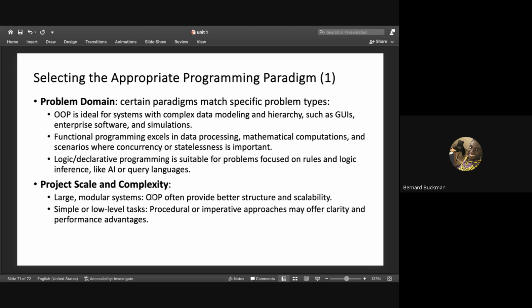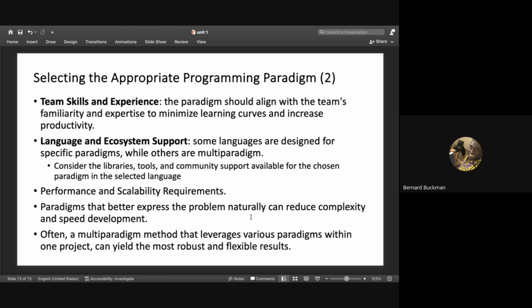We have something called MVC, Model View Controller, which is also suited for very large scale applications which use lots of interfaces and lots of data. If it is a simple application, like teaching students, we use procedural or imperative approaches.